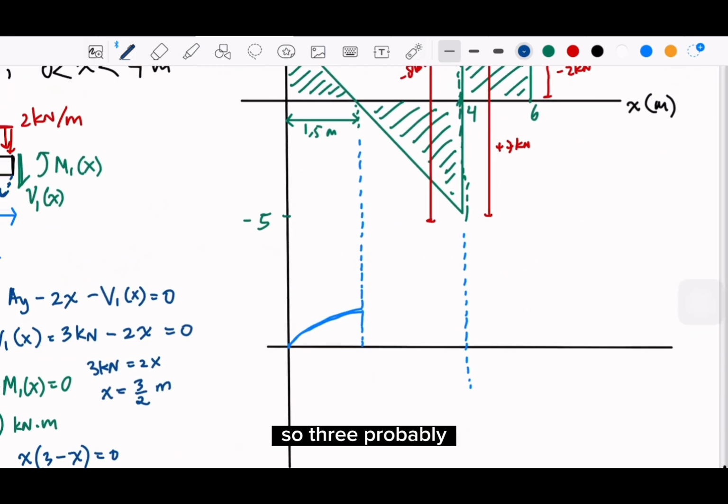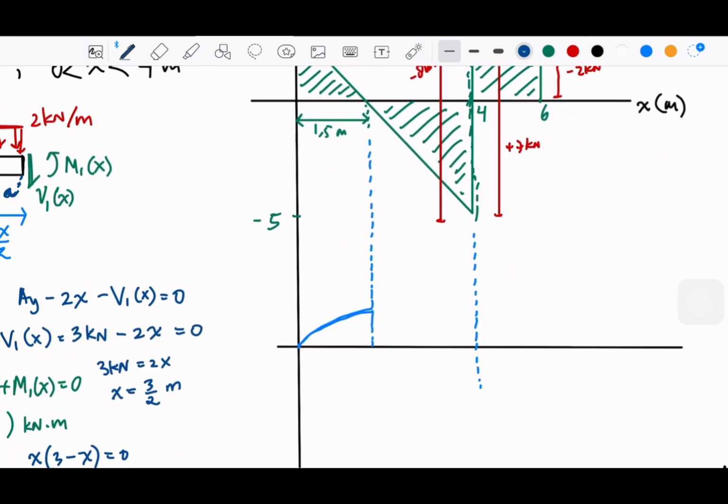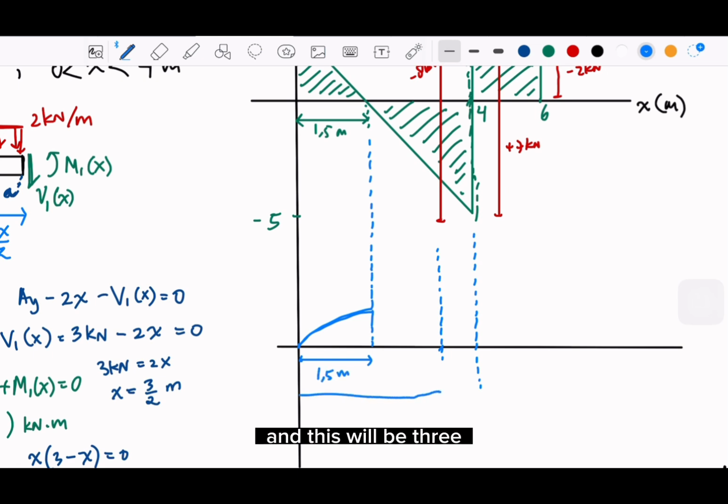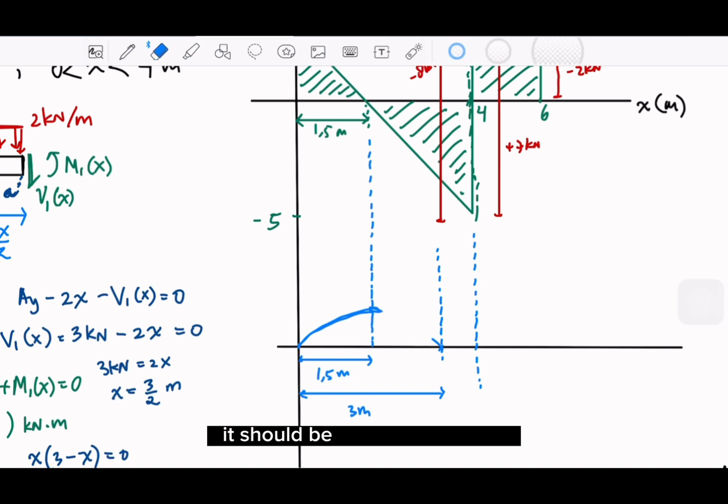So 3 is probably maybe around here. So this will be 1.5 and this will be 3. It should be parabolic like that.